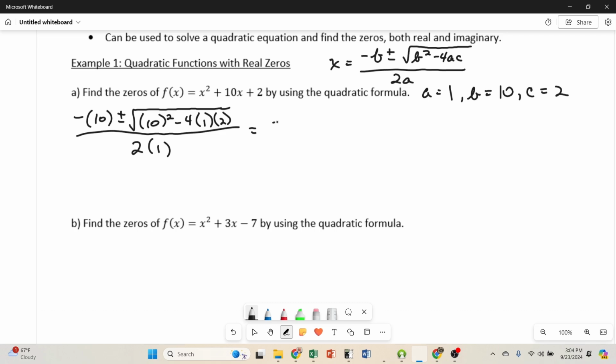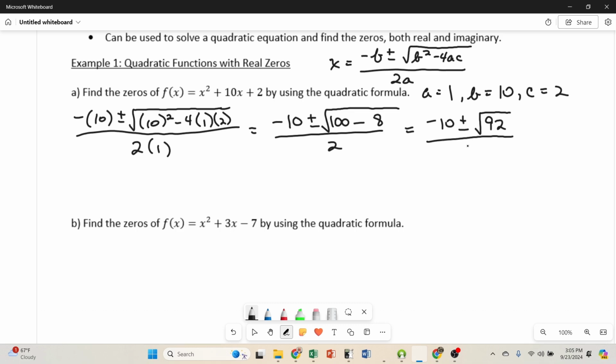So we have negative 10 plus and minus the square root of 10 squared is 100 minus 4ac, 4 times 1 times 2 is 8, and all over 2. So we get to this point and we are going to say that it is negative 10 plus or minus the square root of 100 minus 8 is 92 over 2.